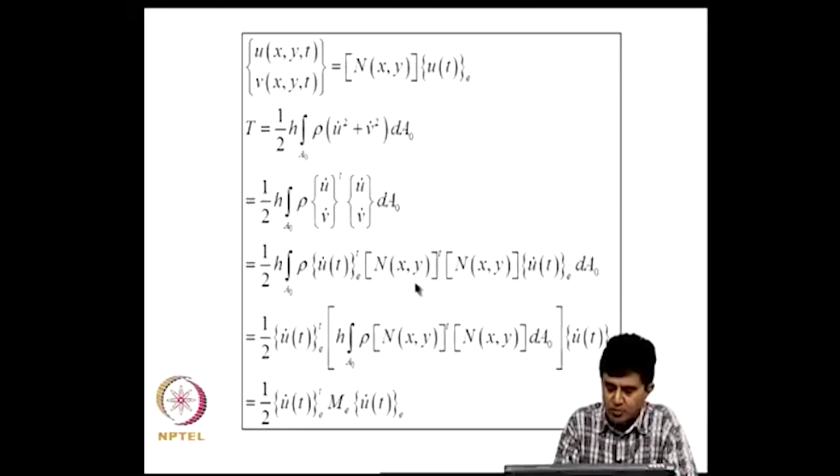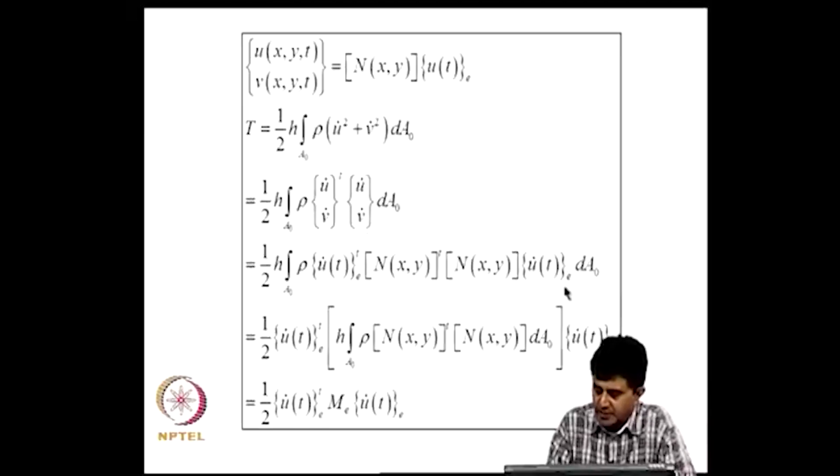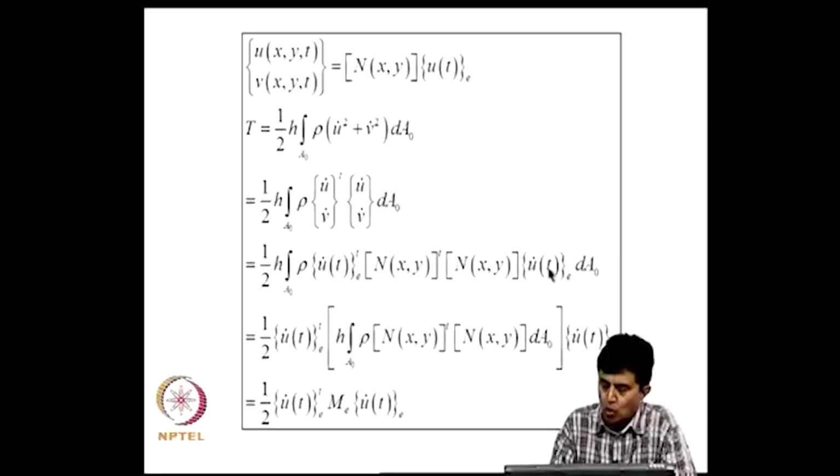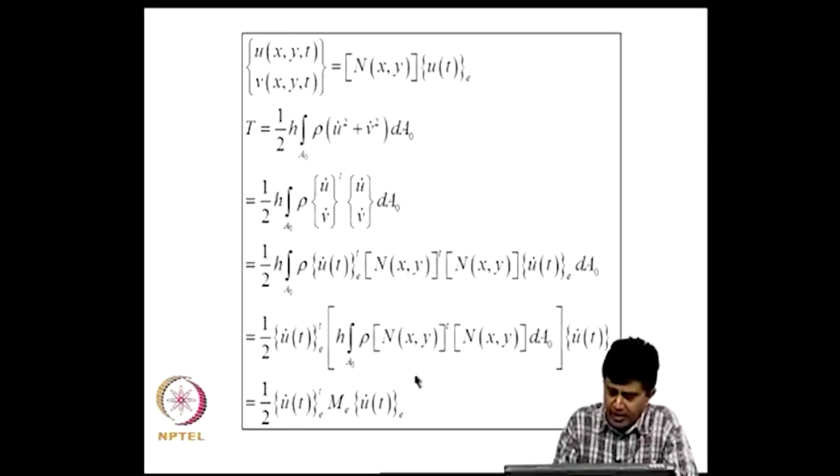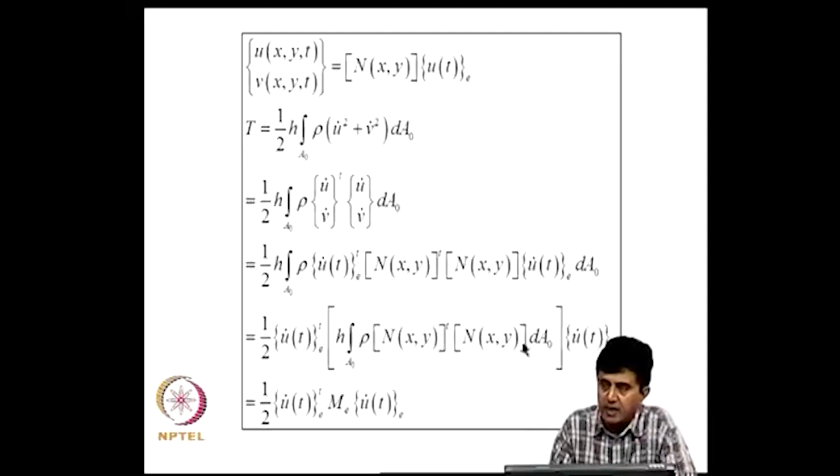So, that becomes u^e dot transpose N transpose, times N into u^e dot, and the integration is over dA0. The u^e dot is independent of the area coordinate, so it can be pulled out, and the integral will be over only N transpose and N. I can write this in the form of half u dot transpose M^e u dot, and this M^e, the quantity inside this bracket, is the element mass matrix. To derive the elements of M^e, I need to carry out this integration.